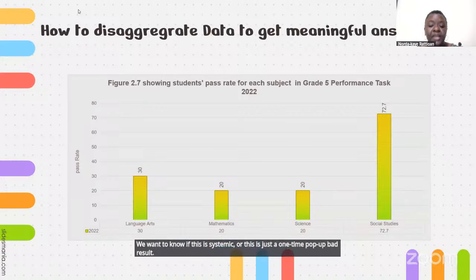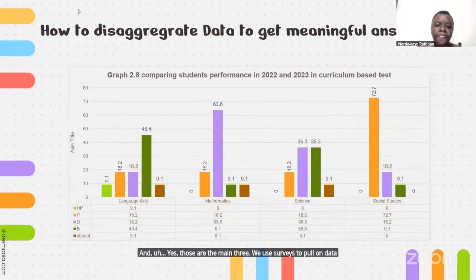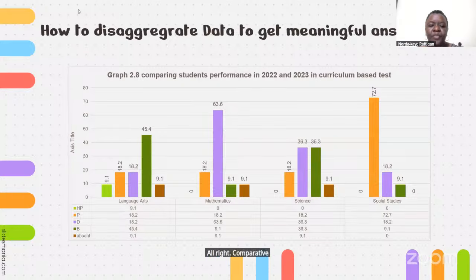So we can use graphs, we can use tables, we use descriptions, and yes, those are the main 3. We use surveys to pull on data as well. All right, comparative analysis, you compare 3 different years.